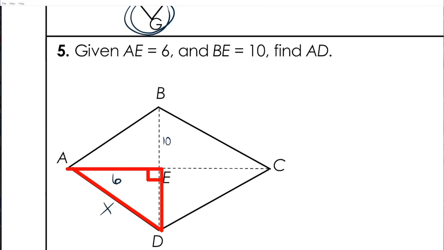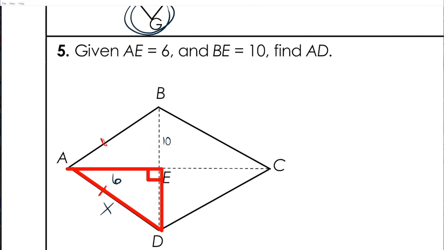Now remember, for a kite, we know that these sides are congruent, which what would that tell us about these two triangles? If we know this is congruent and we know this is congruent, side, side, side tells us what? These would also have to be the same.